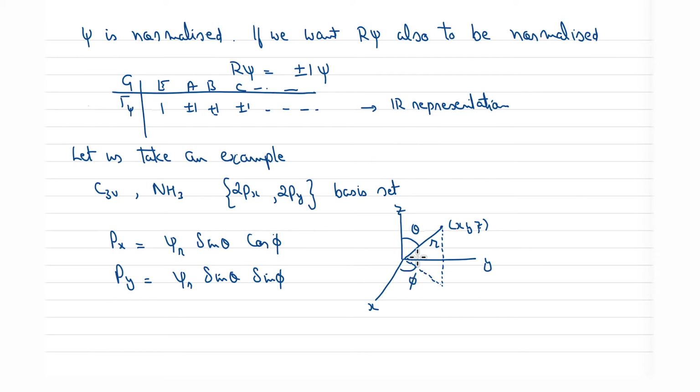So this is phi, theta, and r. Now let us see what happens under the different symmetry operations present in C3V onto these theta, phi, and r, because we need to calculate the effect of those symmetry operations onto px. So we should know the effect of symmetry operations onto theta, phi, and r, right?